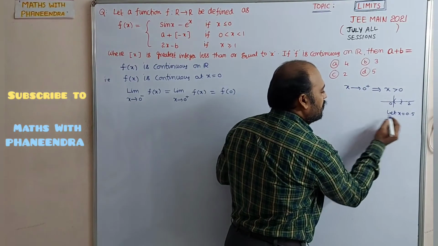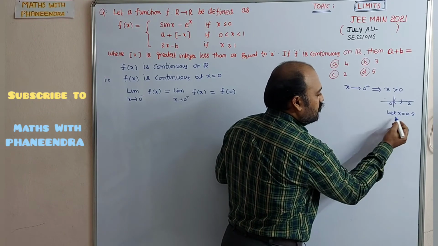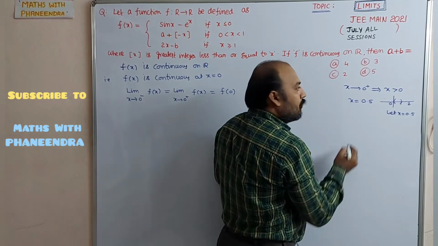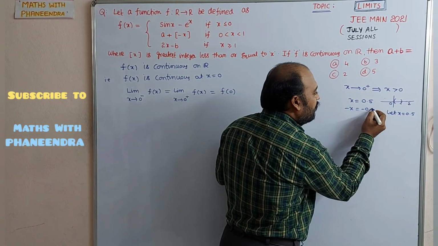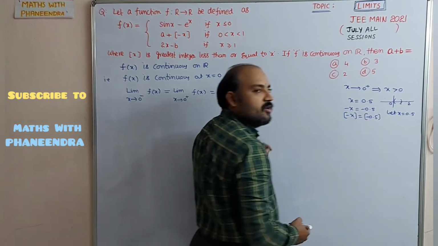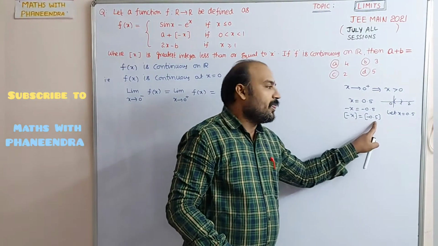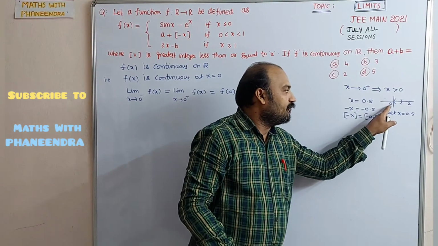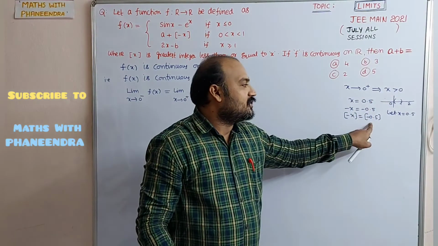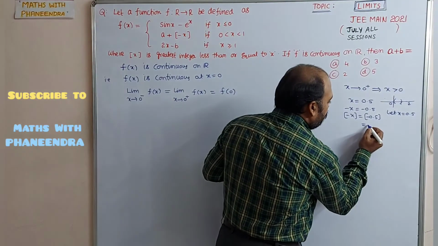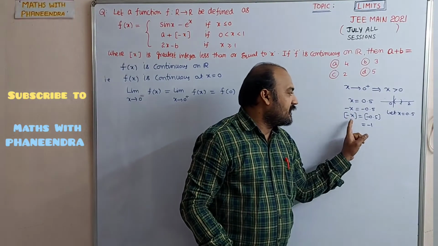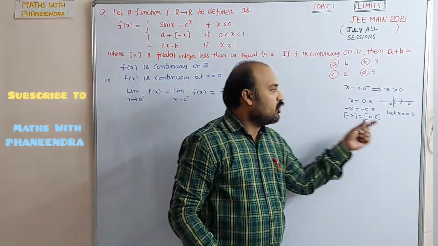So now step we can consider for this. x is equal to 0.5, generally we are taking here. Minus x equal to minus 0.5. Step of minus x is equal to step of minus 0.5. Minus 0.5 lies between minus 1 and 0. So step of minus 0.5 is equal to minus 1. So whenever x is greater than 0, wherever step of minus x is there, you have to replace it with minus 1. You have to remember.